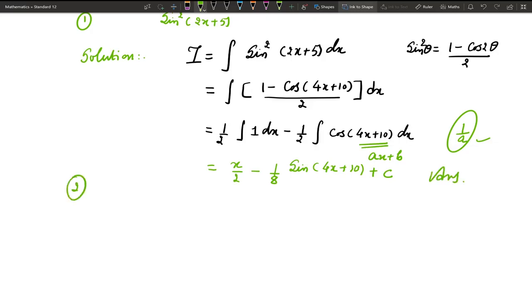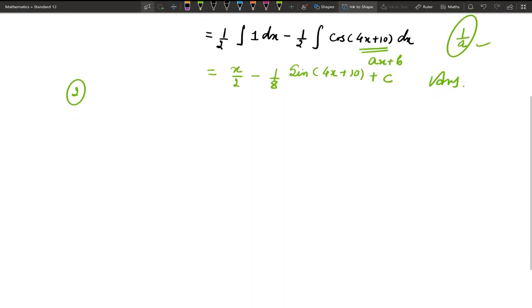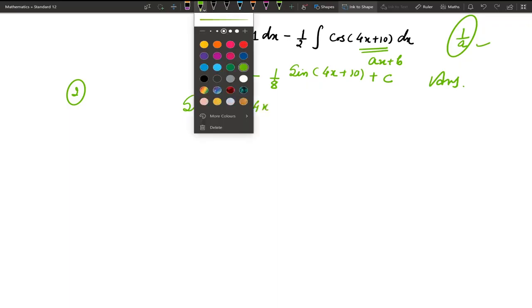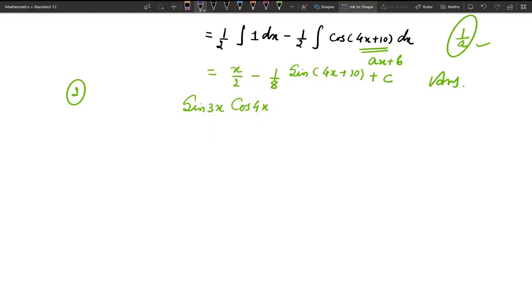Second problem is sine 3x into cos 4x. Integrate this. So it is a multiplication form. We have to express it as a linear combination of sine or cos functions. First we denote this integral I. First we write the bigger angle: cos 4x into sine 3x dx.